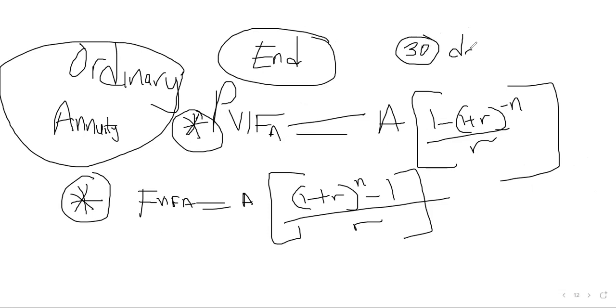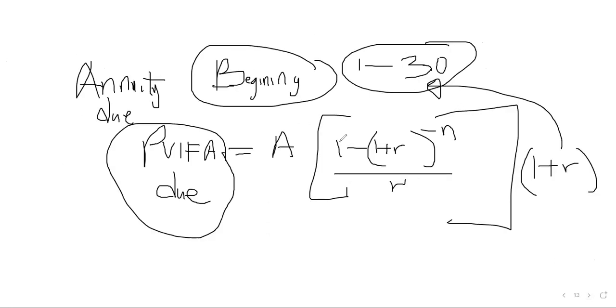So it has forgone the interest because this is just done at the end of the period. Please take note of the distinctions between the two, ordinary annuity and annuity due. For annuity due, at the beginning, the interest applies from the very day 1 up to day 30. All right, so this is just about what goes on.